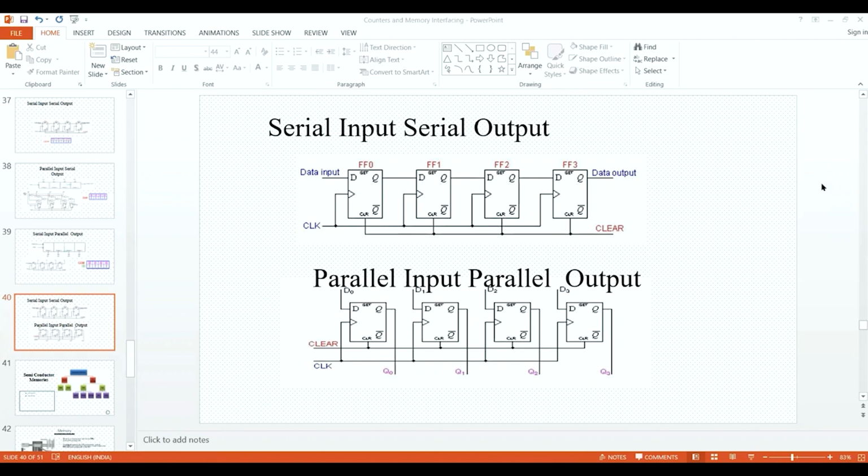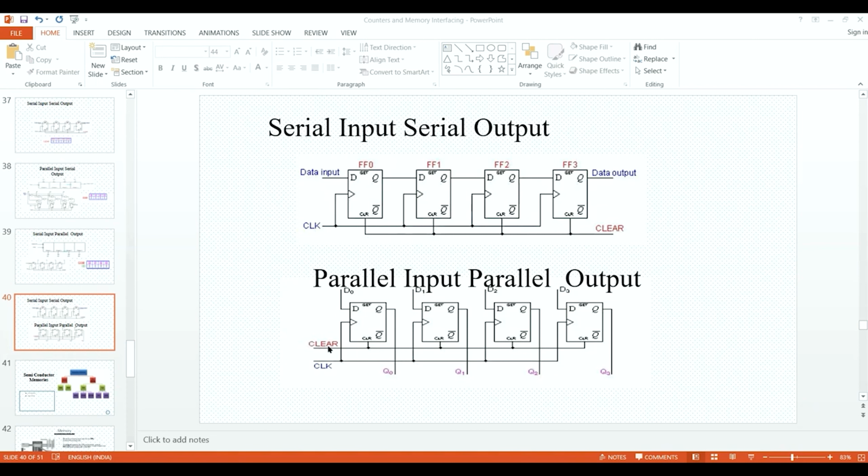When I say like this, we are having data input using a D flip-flop, and the data is transferred to another flip-flop, and the clock pulse is the same. So it's a synchronized operation. Similarly, over there, this is also a synchronized operation, and the clear pulse is also given.